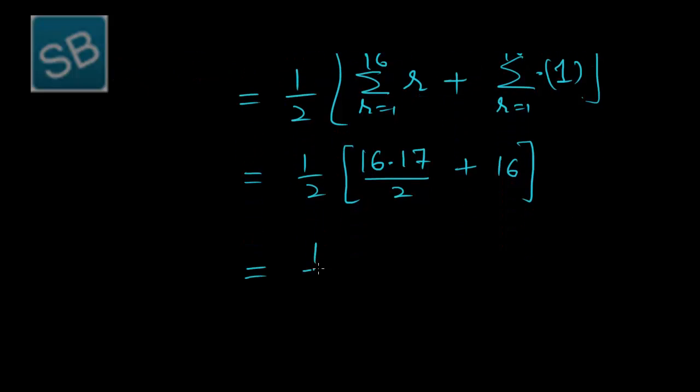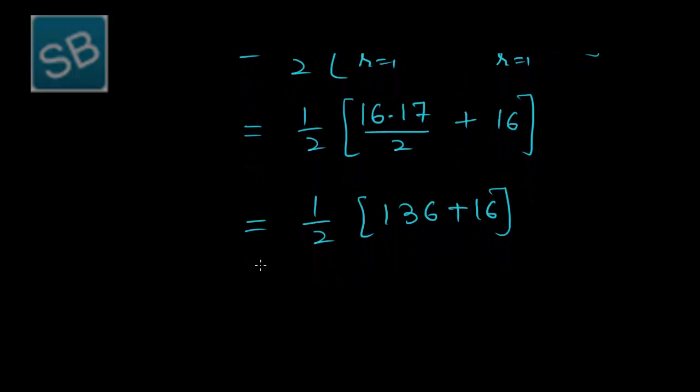So we get half times (8 into 17 is 136, plus 16), so we get 152 over 2. That gives 76. So the summation of the given series is 76.